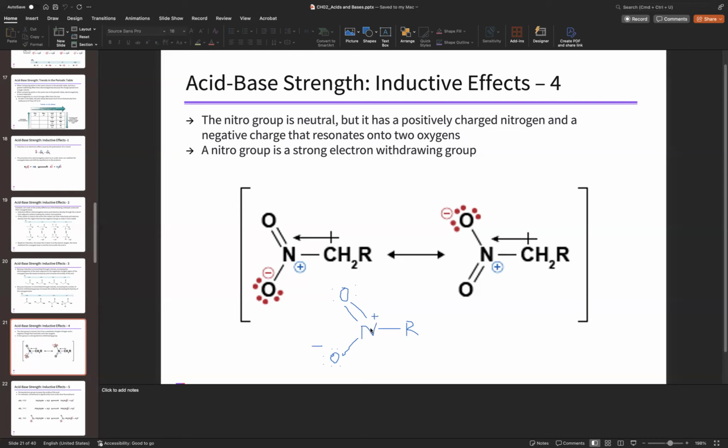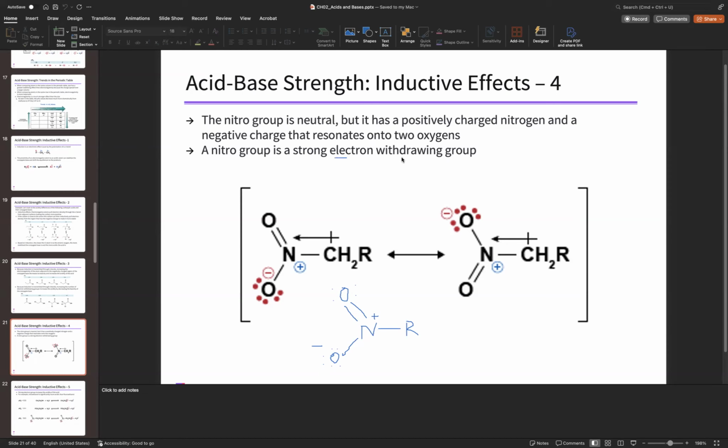And that is why whatever is on R, if the whole R structure was acidic with a negative charge somewhere after losing a proton, that negative charge will be pulled towards the nitrogen because it has a positive charge and it wants to stabilize itself. And that is what would make the nitro group a highly inductive group that's going to pull electrons.